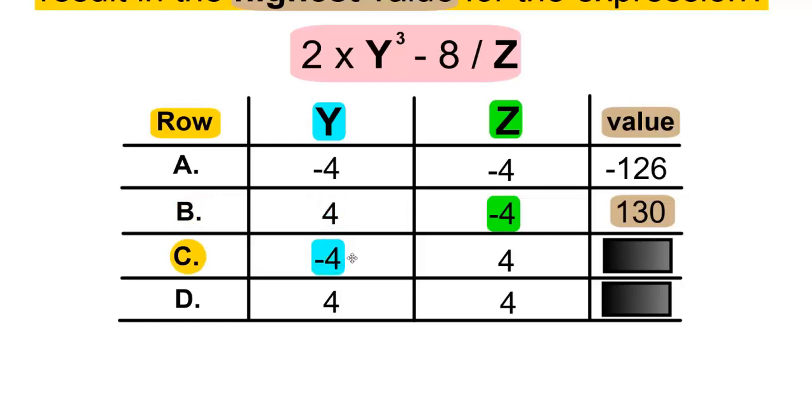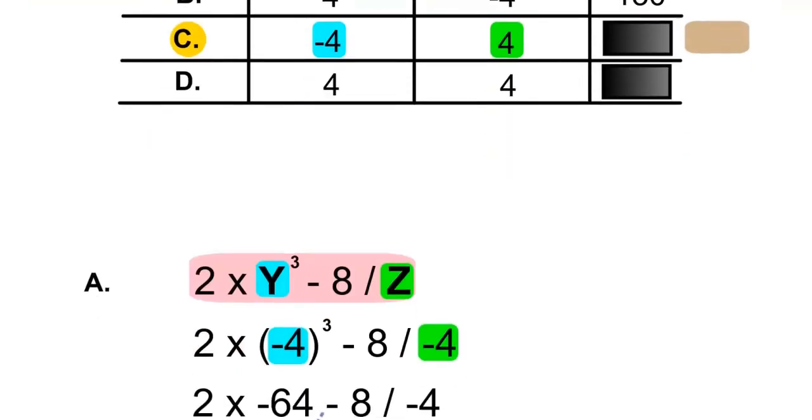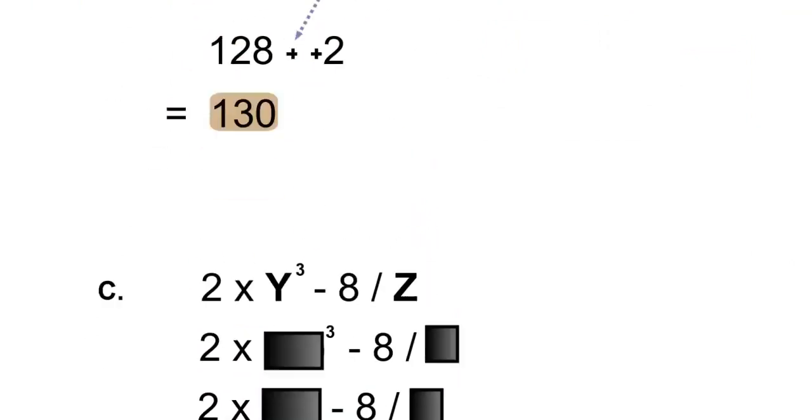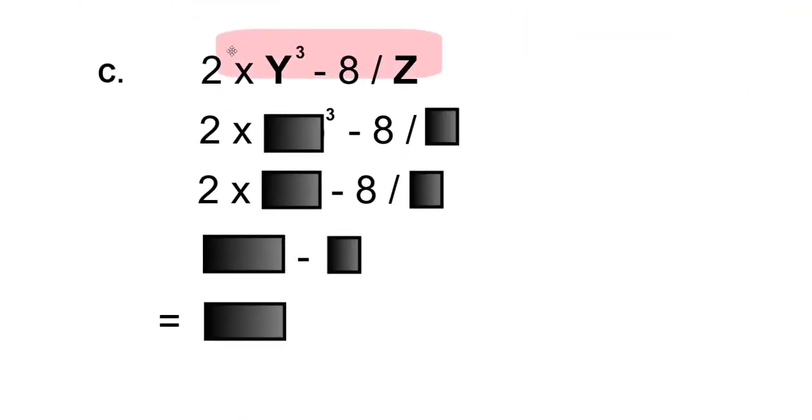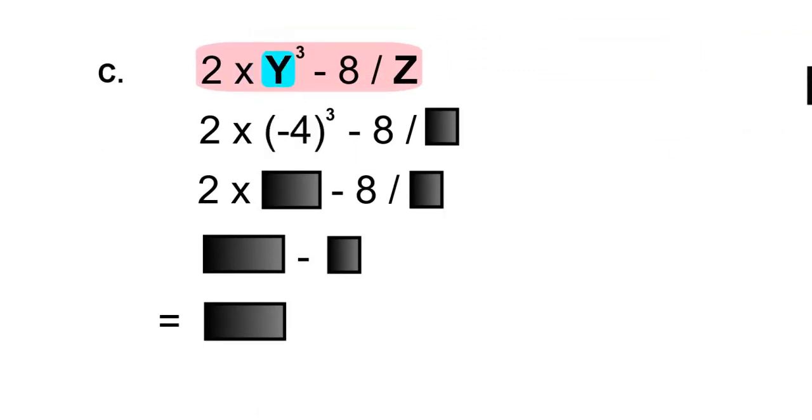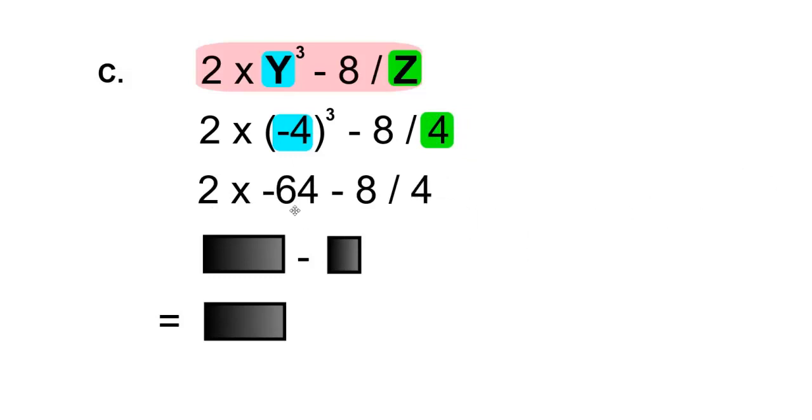Next is row C. The value for y is negative 4, and the value for z is positive 4. Take the expression and replace y with negative 4 and z with positive 4. Negative 4 in brackets to the power of 3 is negative 64. 2 times negative 64 is negative 128.